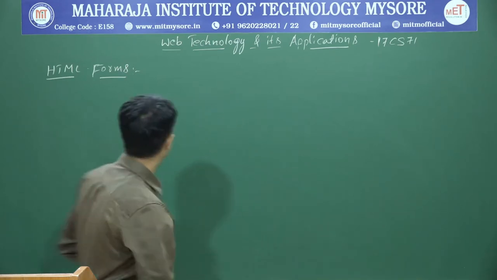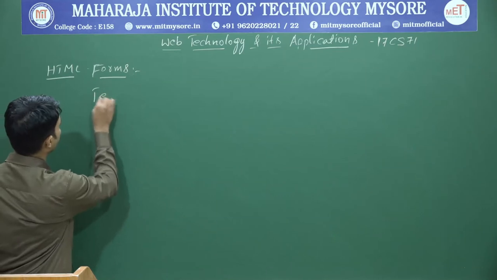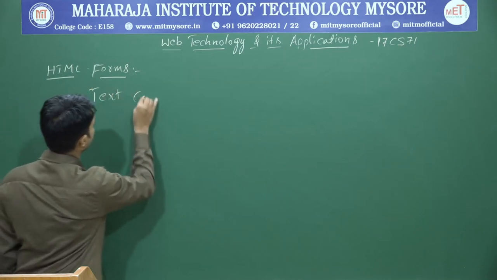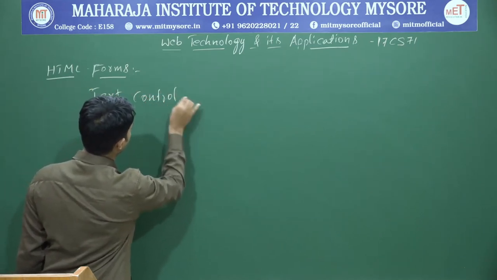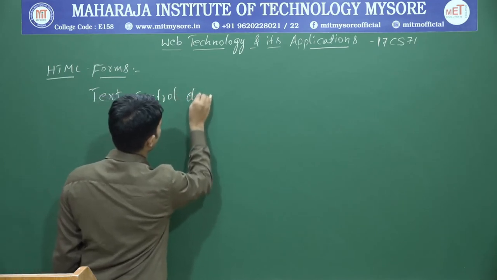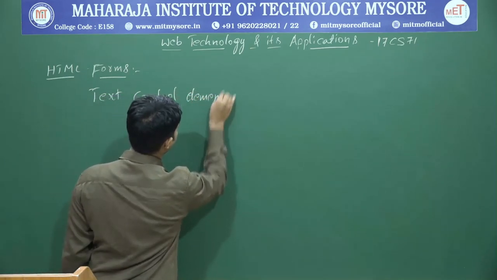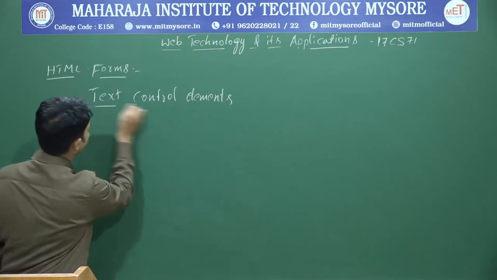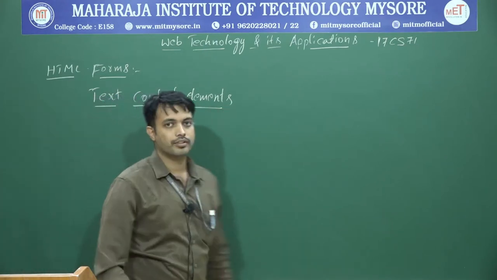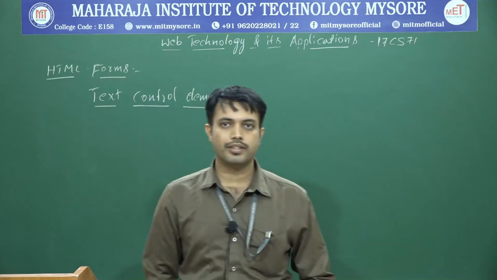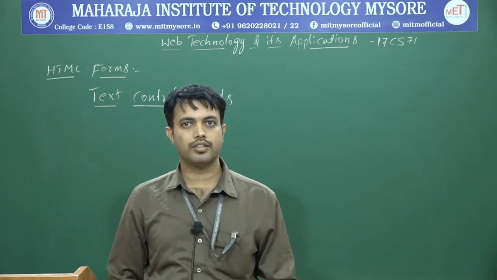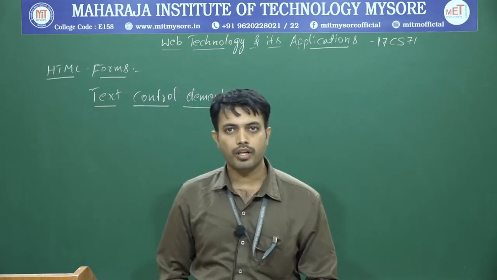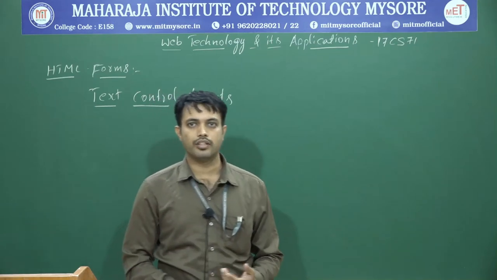So the first one is the text control. Control tags are elements, so text control elements. What do you mean by text? It's a group of characters, is it right? So how are you going to handle that group of characters in a web page?